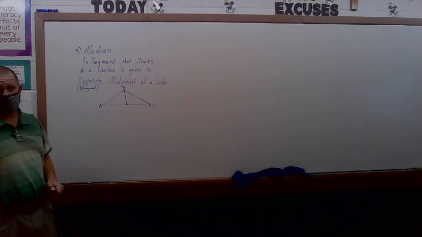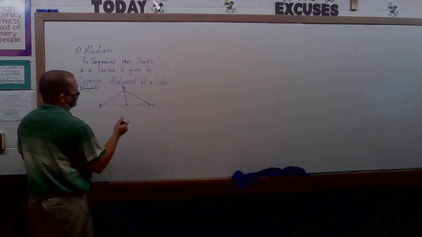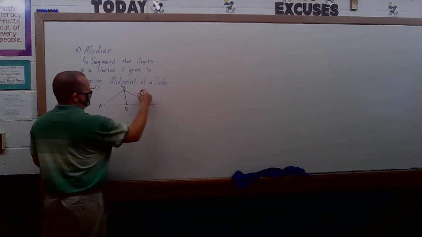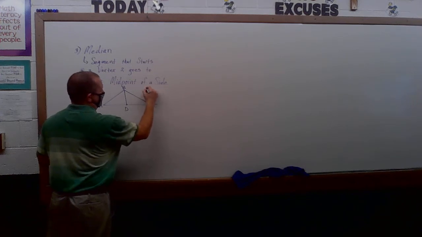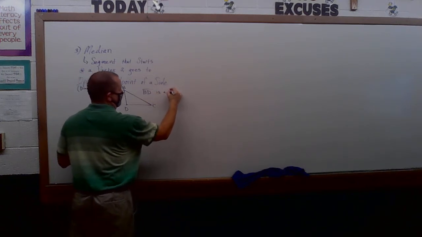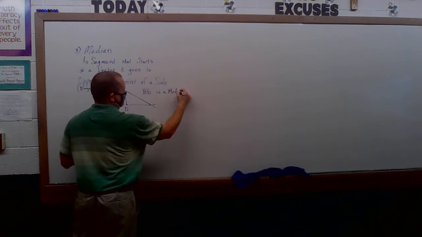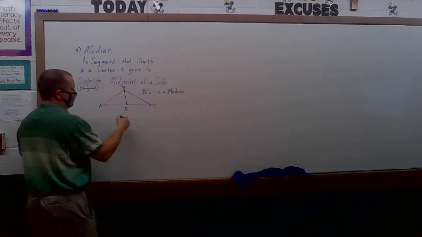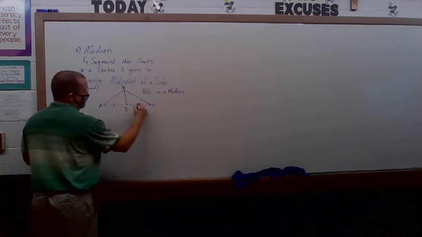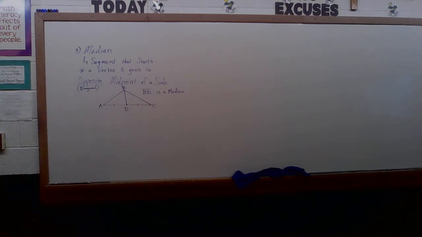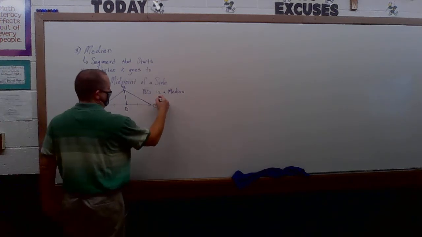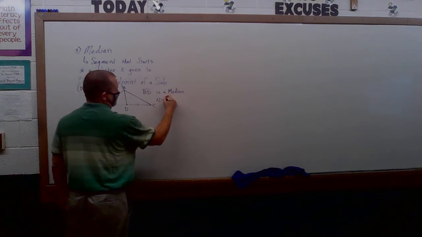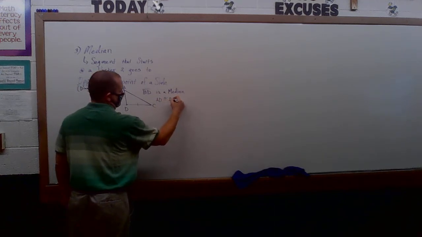That's really, really important. And so then if we call this D, BD is a median. And again, because this is in the middle, this is congruent to that. So because of our median, AD is congruent to DC.